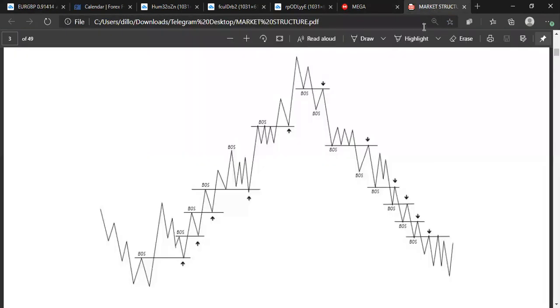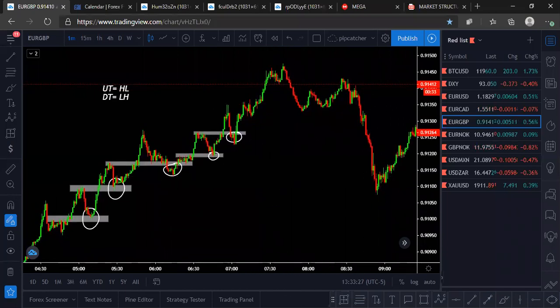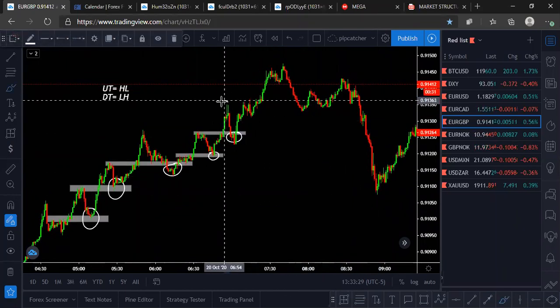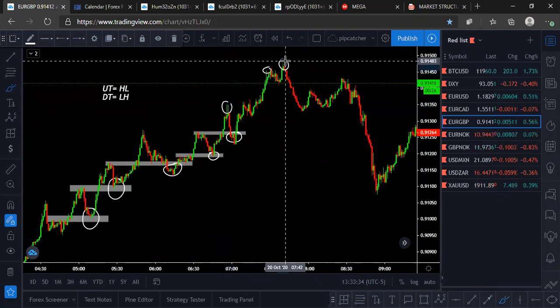So one more example for this. Because up here, in this area here, there is that break of structure, and then that pullback for a lower high to go lower. So one more quick example before we get out of here. We see the market create a high here, create a high here, and then here.